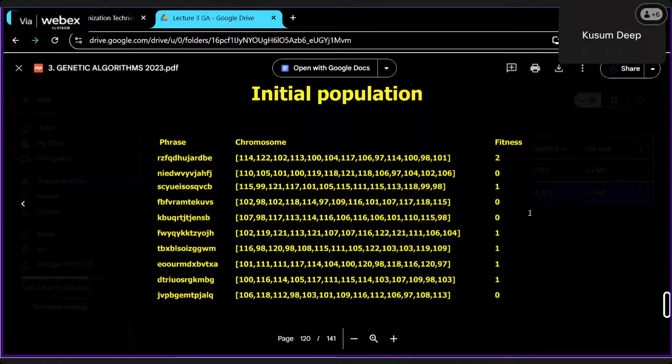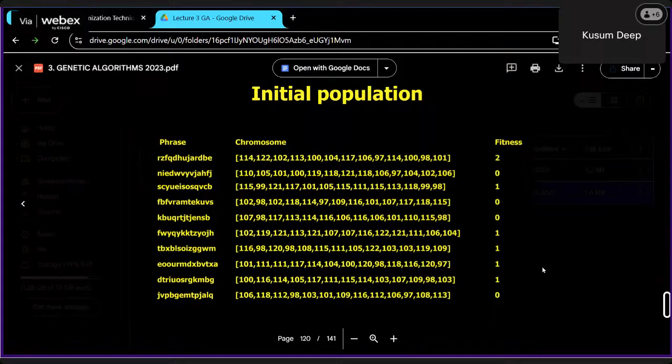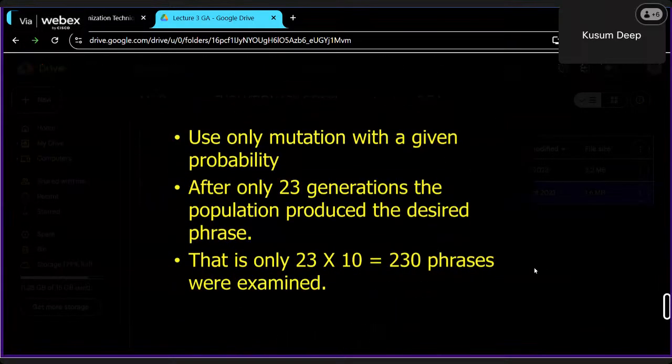I do the same thing for the other chromosomes. That is the way in which the initial population has been generated. Now suppose I use only a mutation with a given probability. I'm not even using any crossover, just simply a mutation. Then I can get the optimum result in only 23 generations.